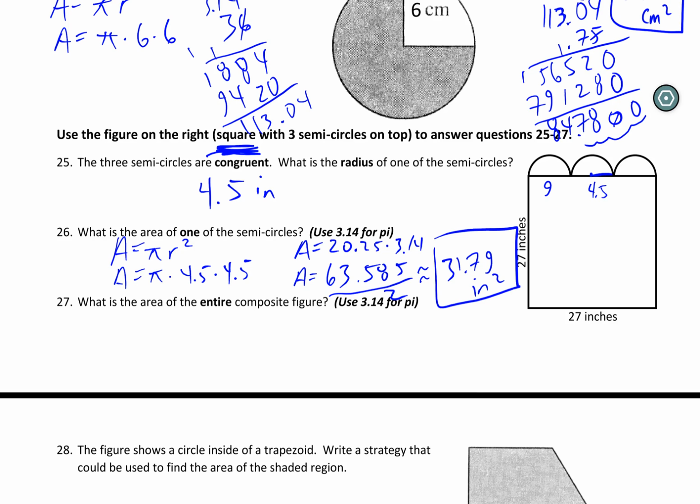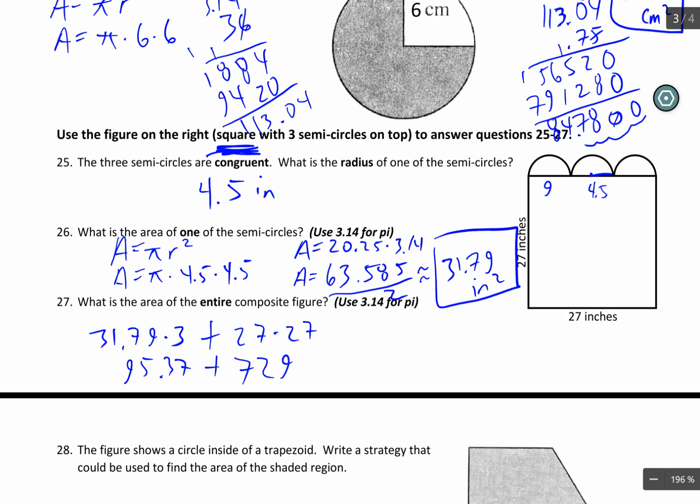All right, so what's the area of the entire composite figure? Well, I know I have 31.79 times 3 for my 3 semicircles plus whatever 27 times 27 is. So if I go ahead and do that, 31 and 79 hundredths times 3 is going to give me 95.37, and then 27 squared, or 27 times 27, is going to give me 729.